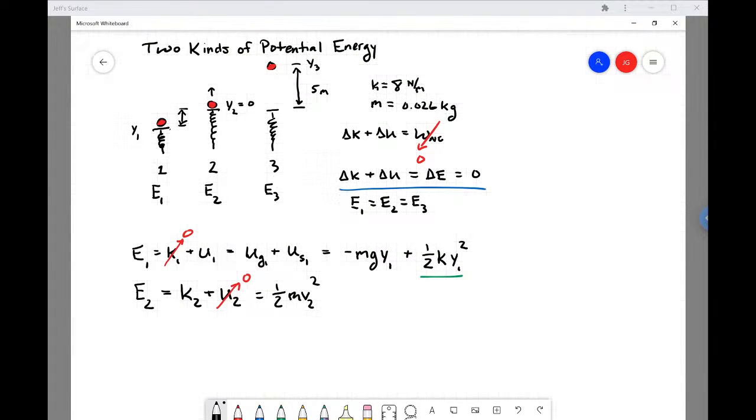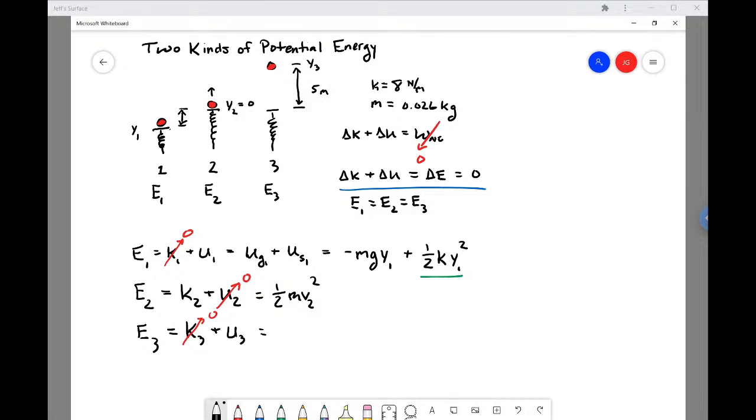And one more. At moment 3, you may have kinetic and potential. And again, at that moment, when you reach the maximum height, your speed is momentarily 0, so there's no kinetic energy.